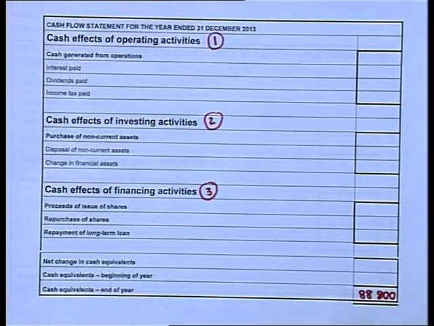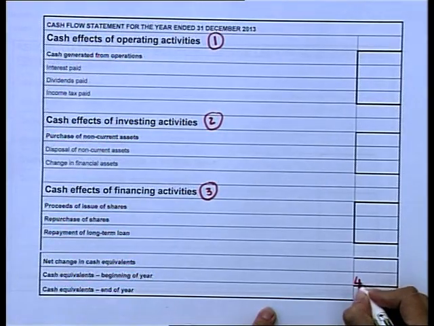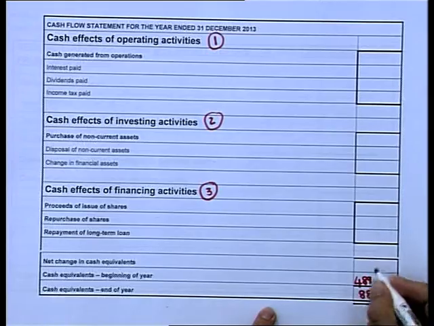And then the cash and cash equivalents at the beginning of the year, if you look at the financial statements, is equal to 489,600.